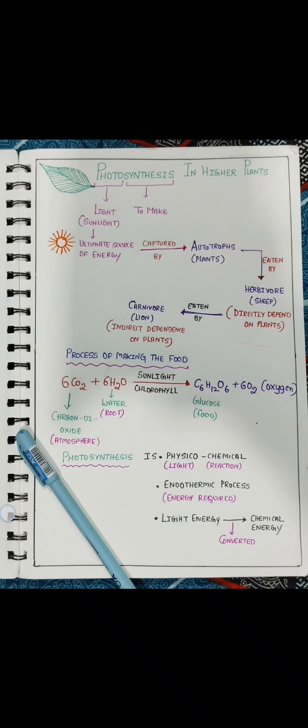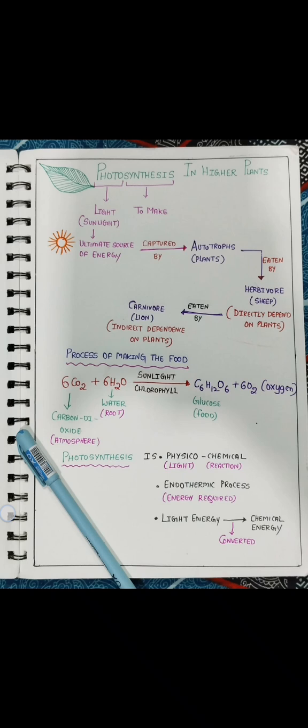All these four things come together to form the food of the plant, that is glucose, plus energy, plus oxygen. So this is the simple equation of photosynthesis, wherein 6 molecules of carbon dioxide plus 6 molecules of water, in the presence of sunlight and chlorophyll, form the food, which is glucose, plus 6 O2.